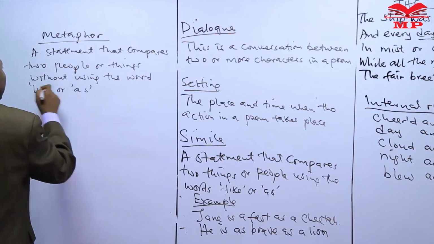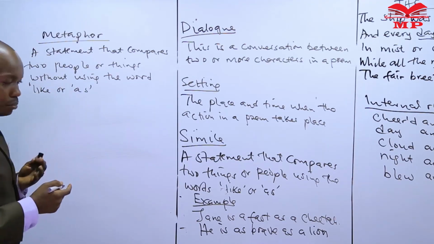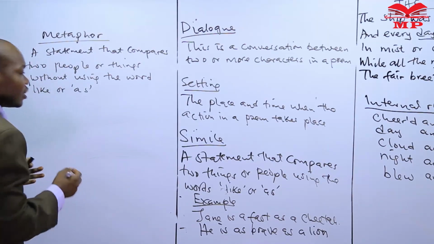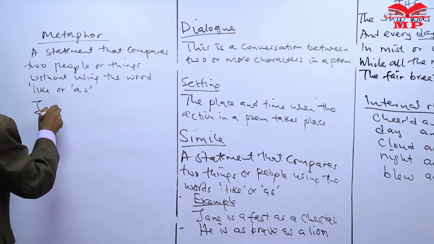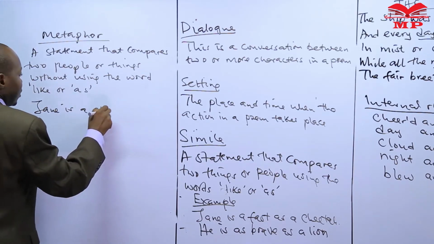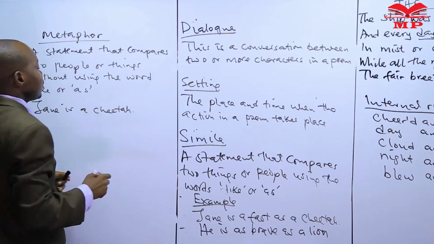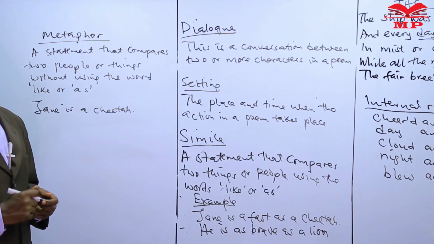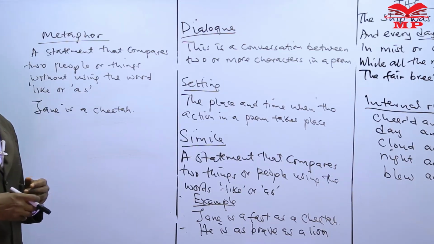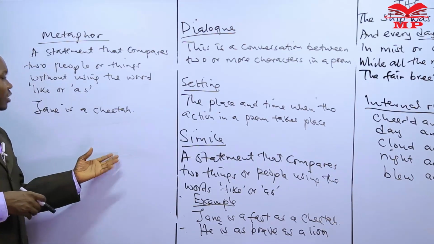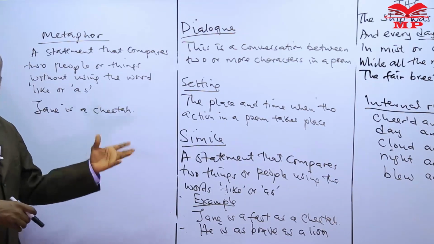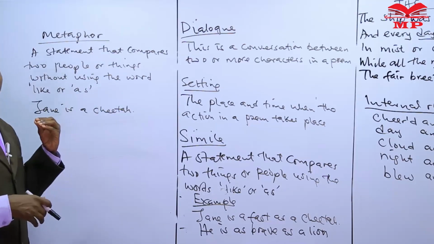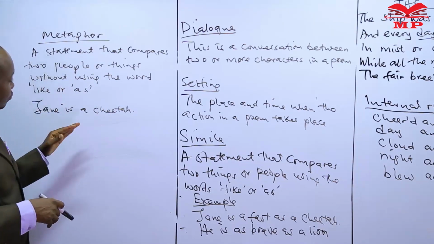For example, if we say Jane is a cheetah. What does it mean? Does it mean that Jane is an animal? No, it doesn't. It means that Jane runs as fast as a cheetah. So this is a metaphor.